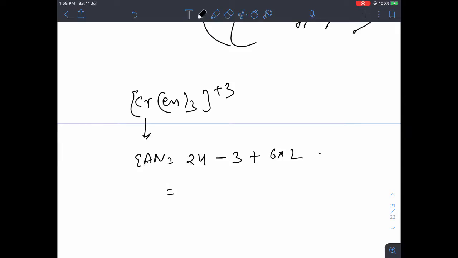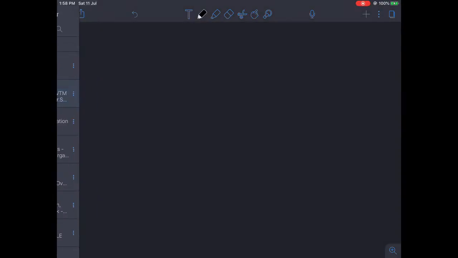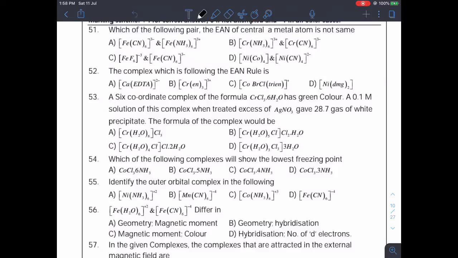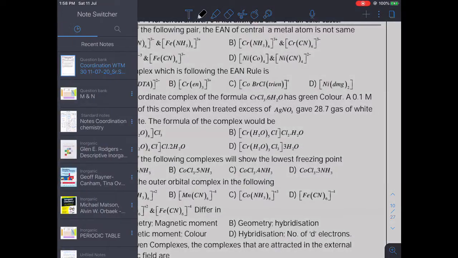So will it give 36? No, not equal to 36. So it also doesn't follow. Okay, now what about the next example where we have trien and BrCl? Let's look into it.